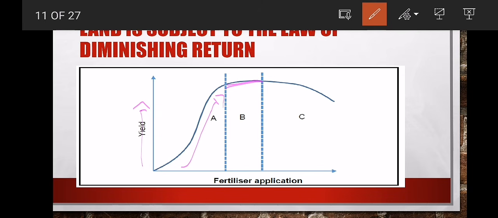In B we say, an increase in input does not result in an increase in production or in yield. This results in high input cost not matched by increase in yield. Then this will result in reduced profit. That's what will happen in B, because we understand that in B the land has reached its maximum production potential.